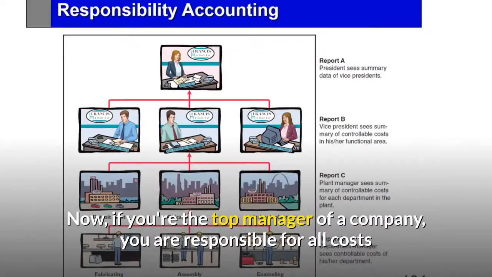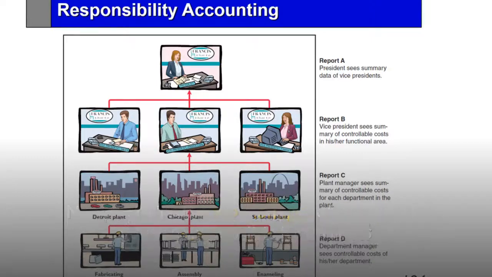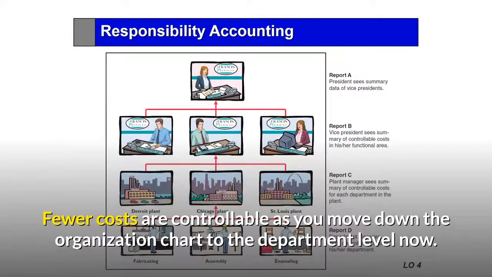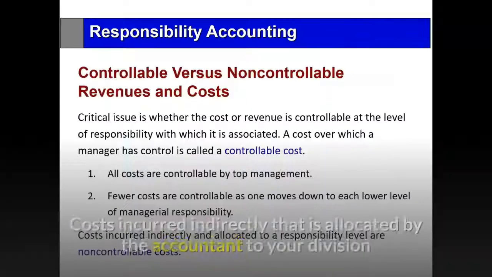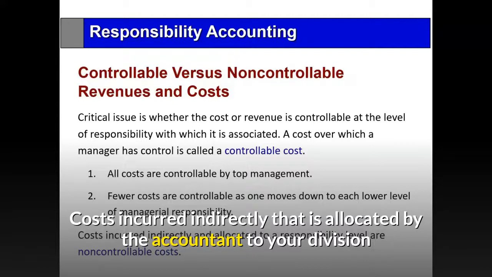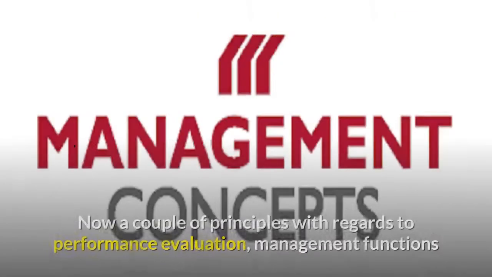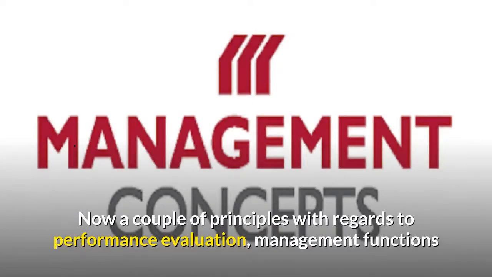Now, if you're the top manager of a company, you are responsible for all costs, and it is assumed that you have control over those costs. Fewer costs are controllable as you move down the organization chart to the department level. Costs incurred indirectly, and that is allocated by the accountant to your division or your area of responsibility, are non-controllable costs.